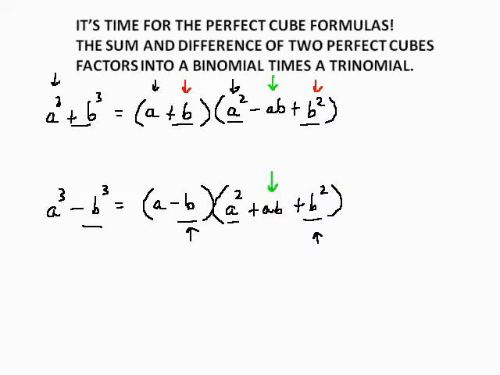Now, if on a test you have time, and you're not sure that's the formula, you could actually multiply these out. Let's say I'm not sure of the sum of two cubes formula. You could take that a and distribute it through here, like when you're multiplying binomials times trinomials in the previous sections.